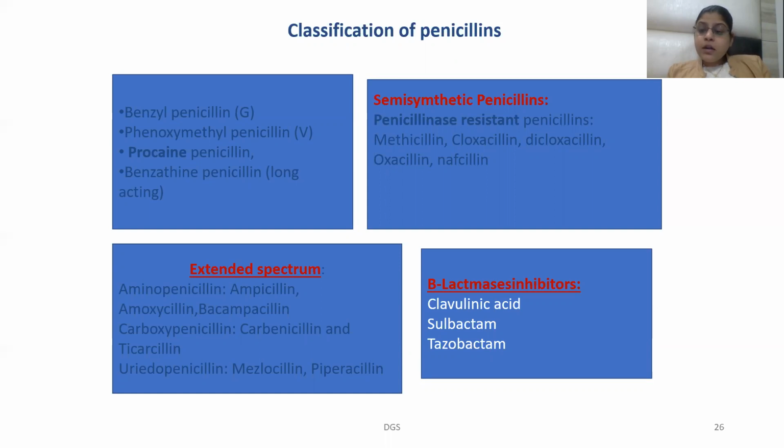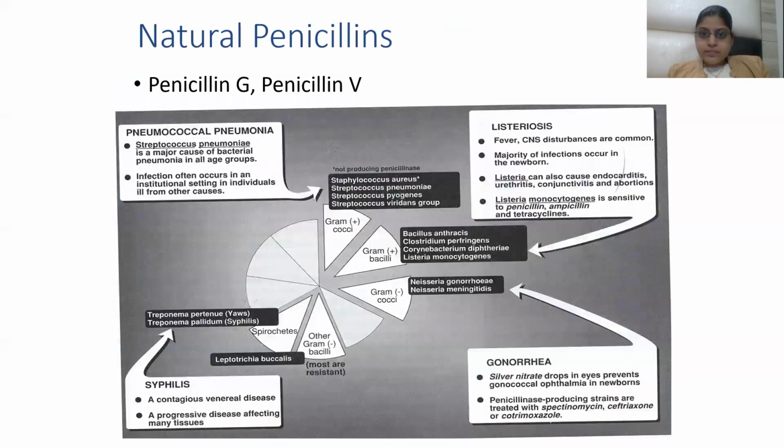Extended spectrum penicillins have a wide spectrum of activity and are effective against gram-negative bacteria also, like aminopenicillins, ampicillin, amoxicillin, and carboxy and ureidopenicillins. Beta-lactamase inhibitors are given along with penicillins to inhibit beta-lactamase activity, so the penicillins remain effective. These are clavulanic acid, sulbactam, and tazobactam.